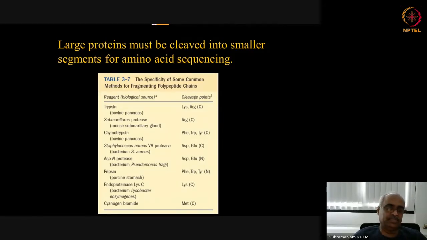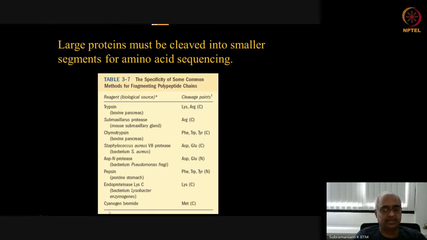So to address this, what is normally done is that the polypeptide chain is cleaved or broken into smaller oligopeptides. And that is usually done using proteases. A few examples are listed here.